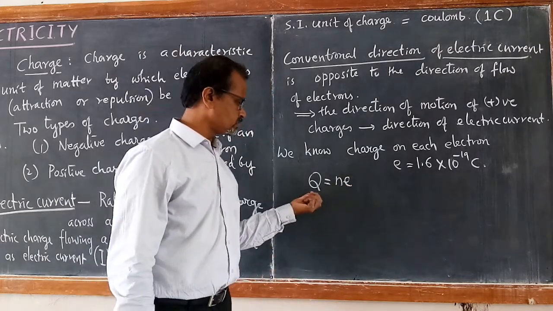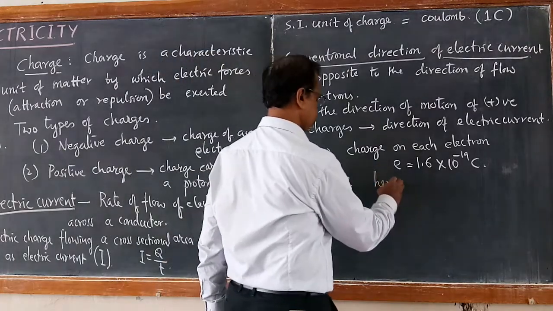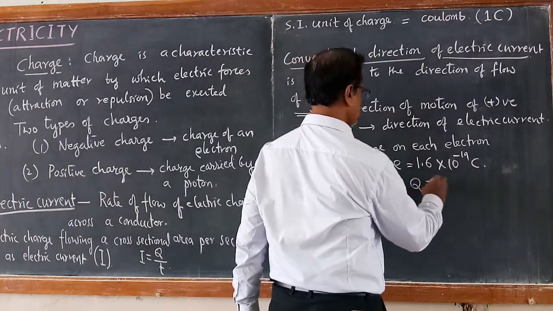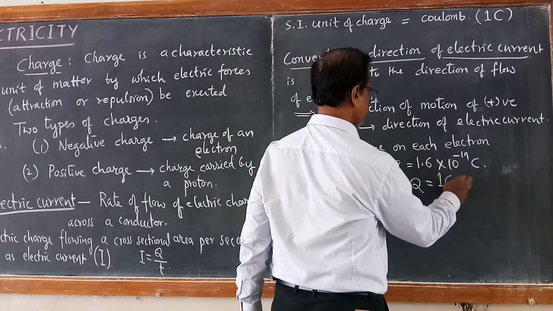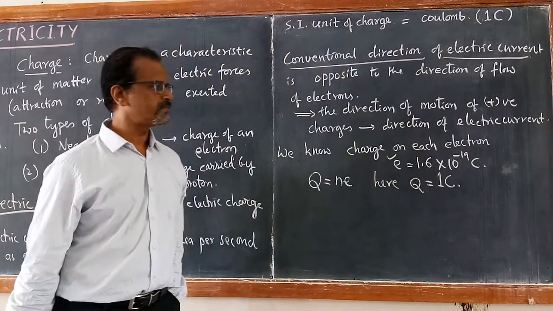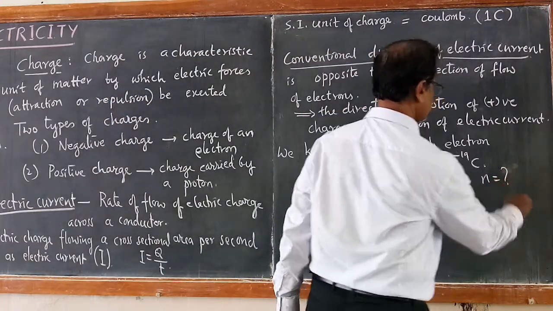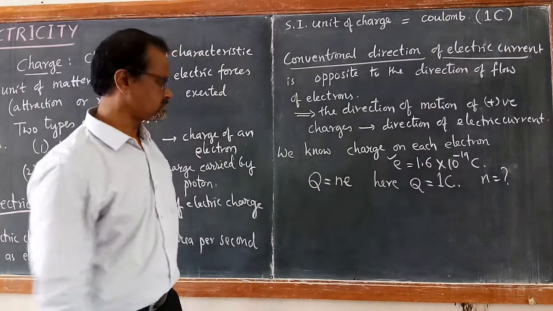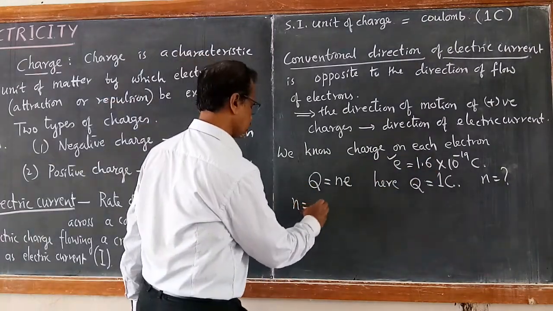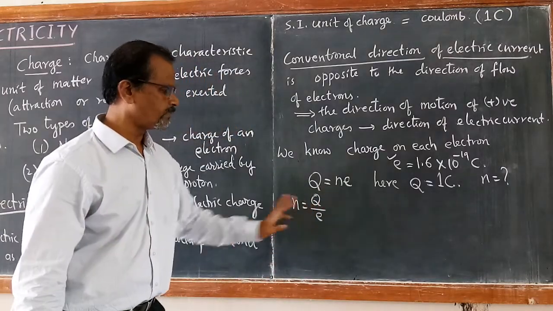That constitutes the total charge Q. Here, Q is equal to 1 coulomb, e is equal to 1.6 into 10 to the power of minus 19 coulomb. Then what is the number of electrons? n is equal to Q upon e.